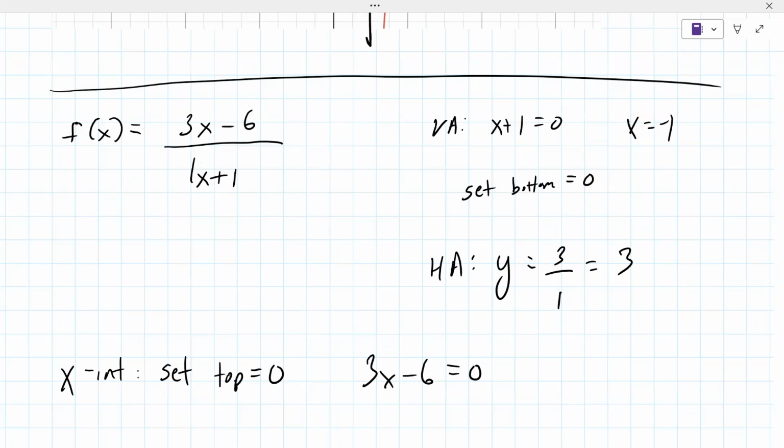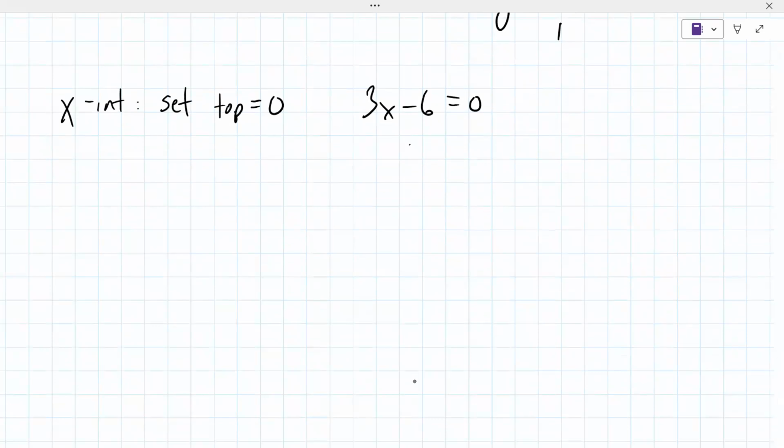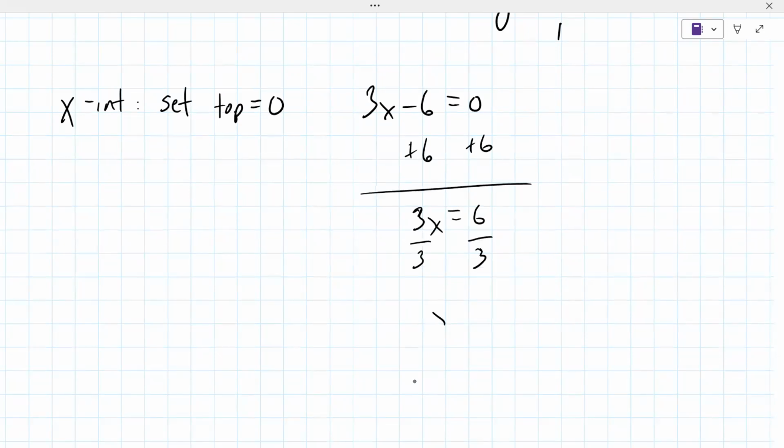It's not 3. How do you solve this? What do you undo first? I added 6 to both sides, so that's 3x equals 6. I agree with that. How do you undo the multiplication by 3? Dividing by 3. What is 6 divided by 3? 2. So x equals 2, and it's an ordered pair, 2 comma 0.